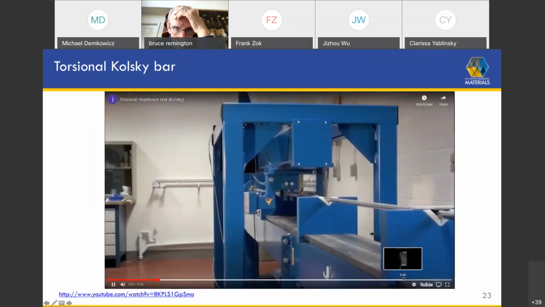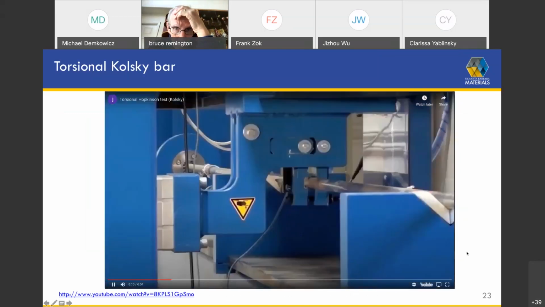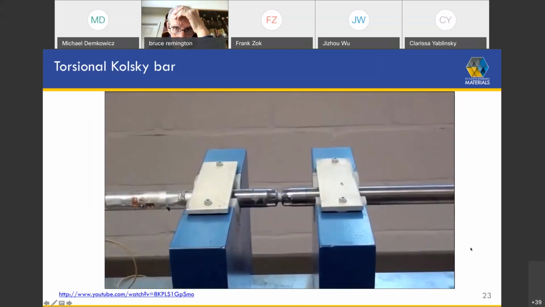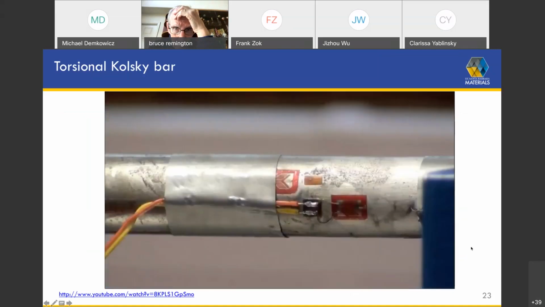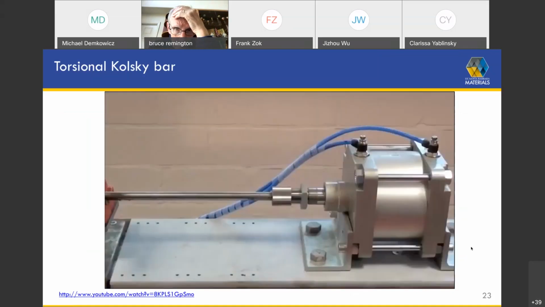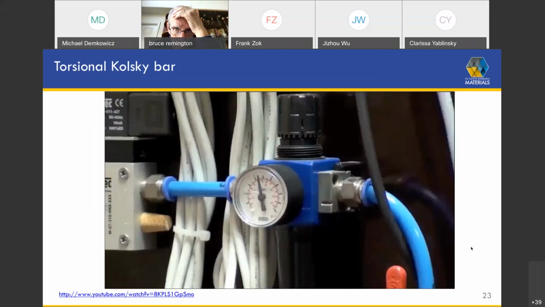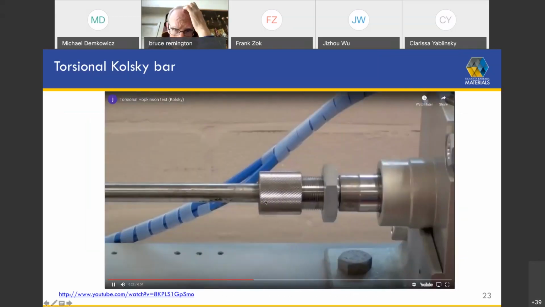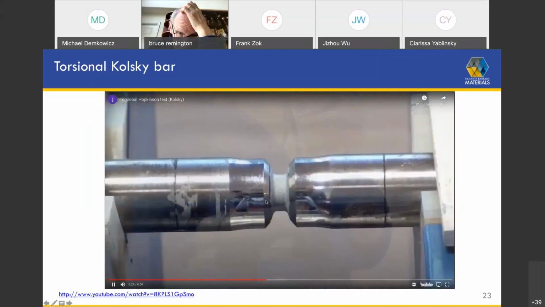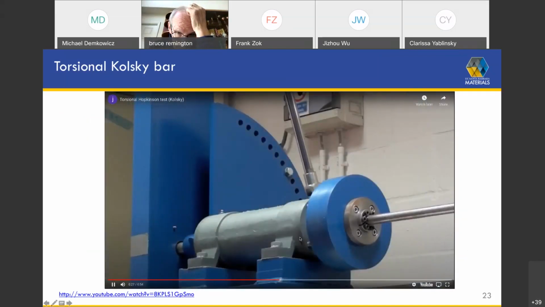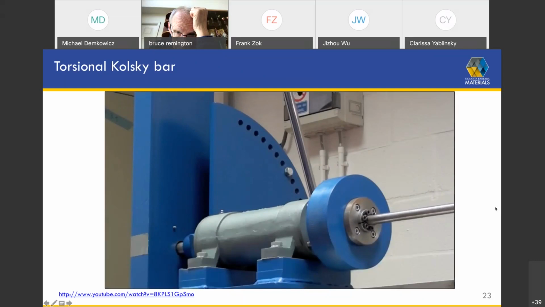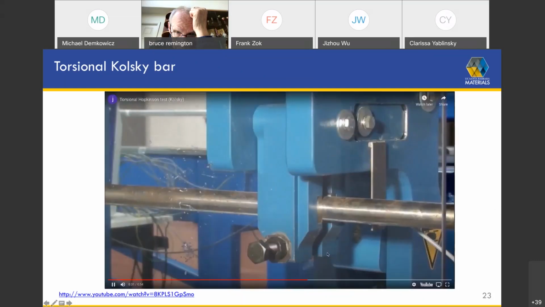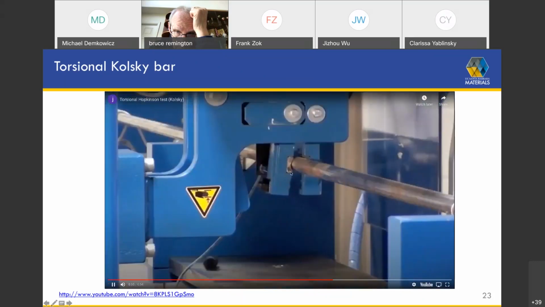So this is an example, dramatized, of course, showing a torsion Kolsky bar test. And what happens here is that one end of the bar is torqued. It's clamped at another location. The clamp is then released so that this torsion gets transmitted down the bar.